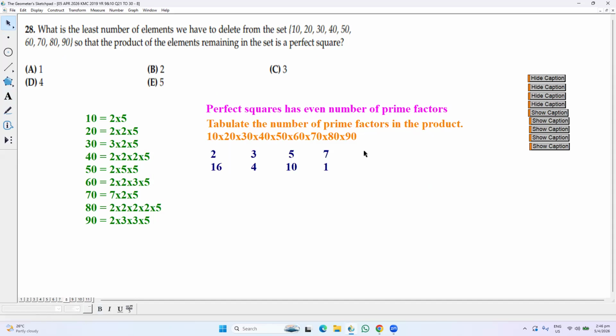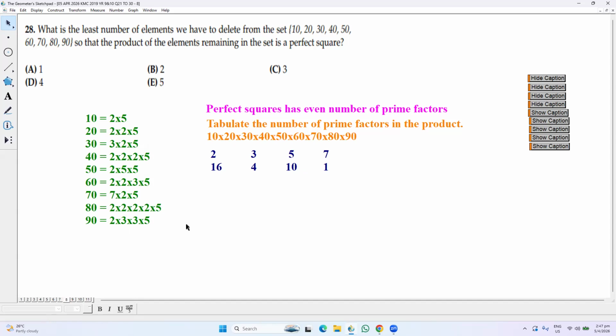So 2, 3, 5, 7. If we count 2, we get 16. 3, only 4 of them. 5 has 10 of them. Then 7, only 1. So you must eliminate 70.